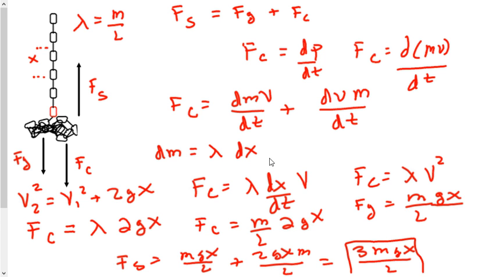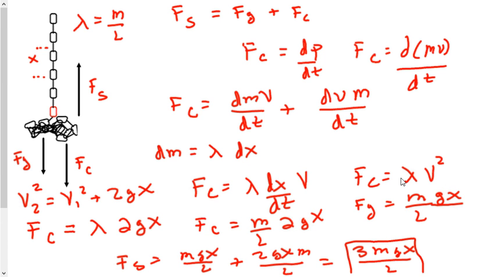Okay, let's continue with the differential then. Force of the chain equals dm v/dt. We're going to substitute in for dm, lambda dx. So force of the chain equals lambda dx/dt times velocity. What's dx/dt equal to? dx/dt is velocity. So force of the chain is equal to lambda times v squared, because that would be velocity times velocity.